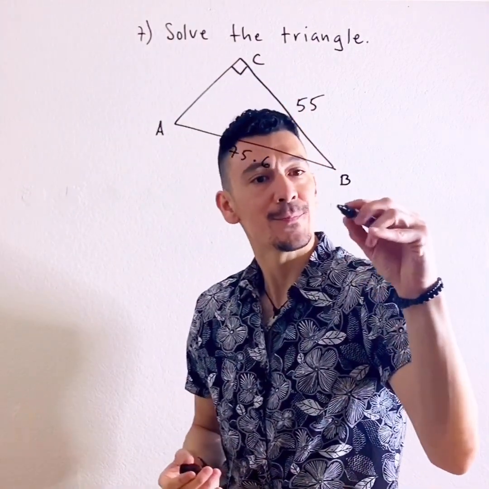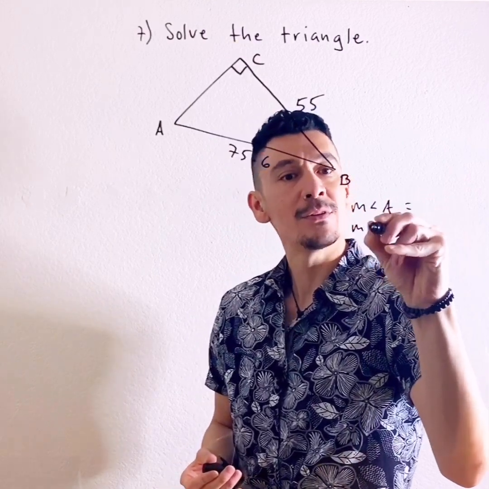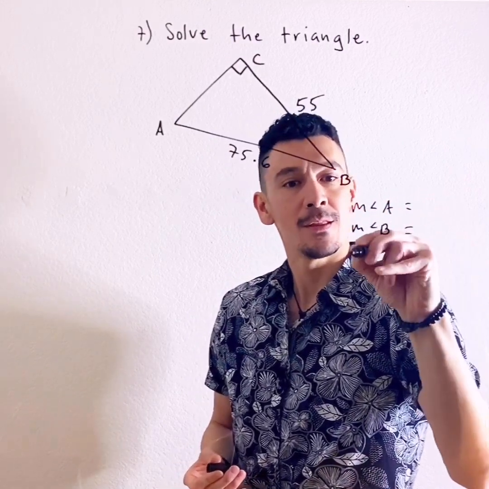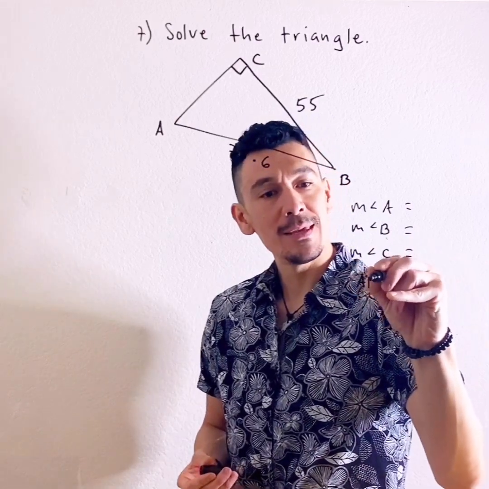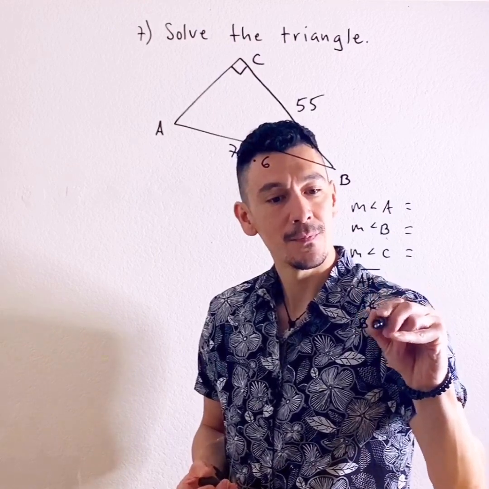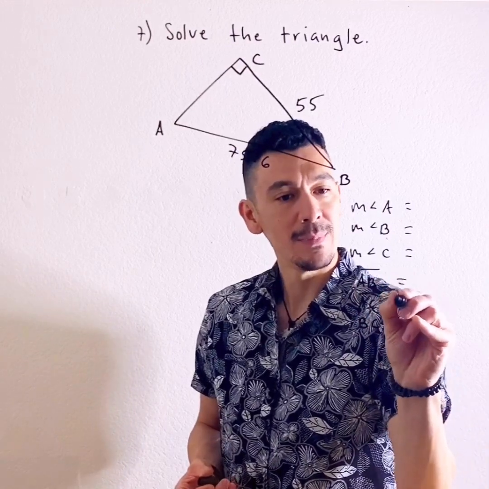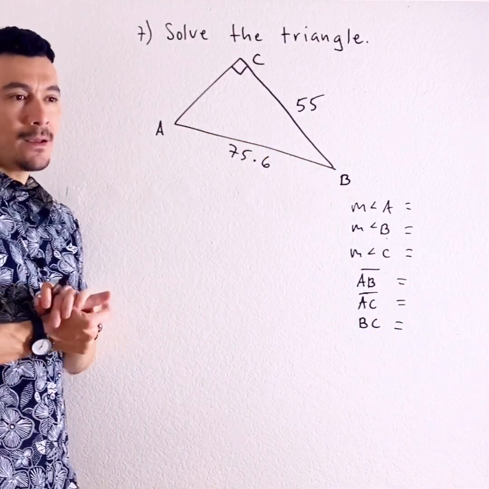I need the measure of angle A, the measure of angle B, the measure of angle C, and we need AB, AC, and BC. Okay, that's what I need from you guys.